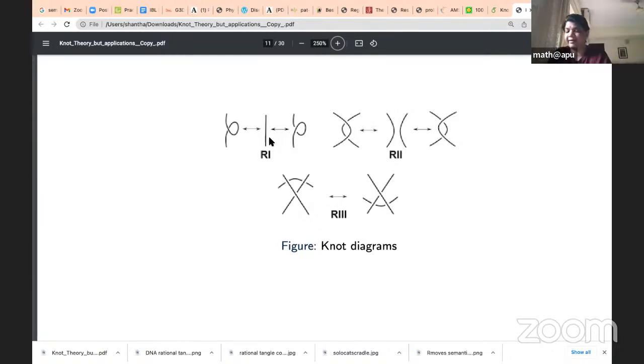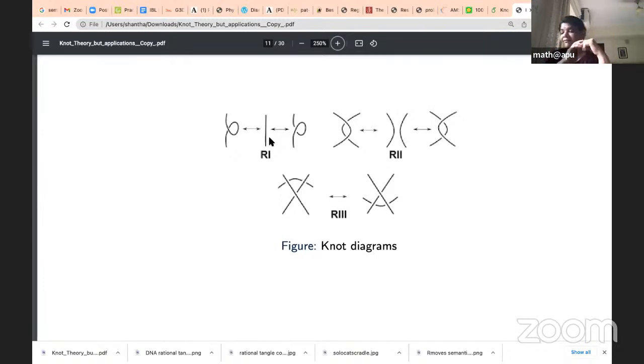One might think that they are very natural because we are not doing anything to it. And this is a very deep theorem of Reidemeister: if I can use these 3 moves and go from one diagram to another, that basically tells me that the knot type has not changed. They are equivalent.